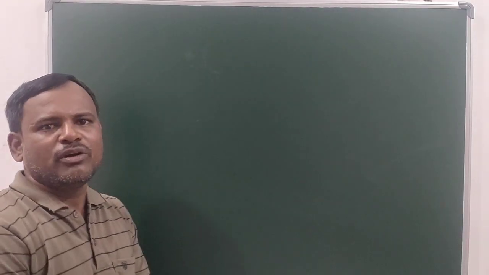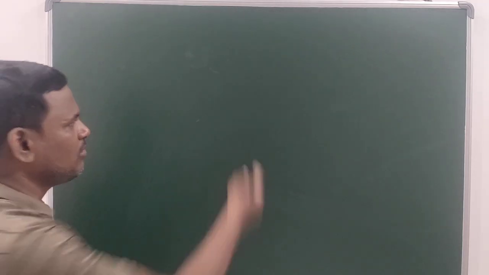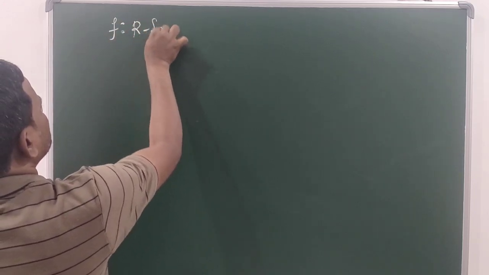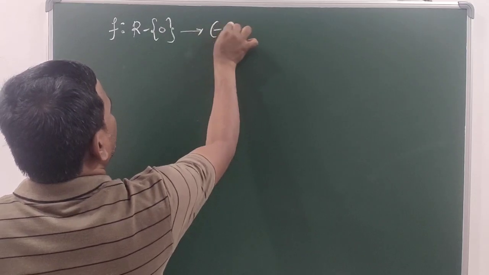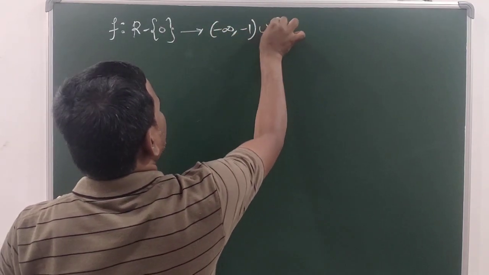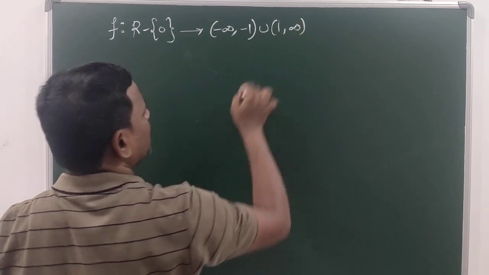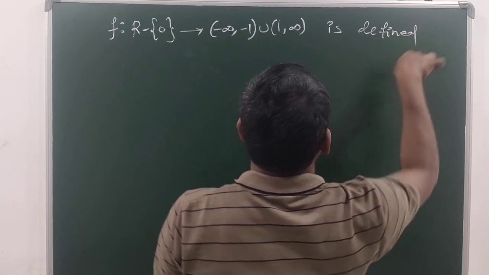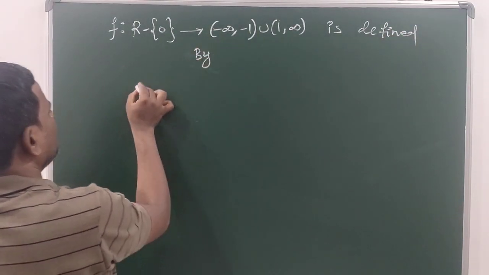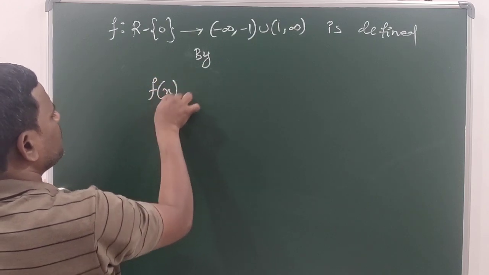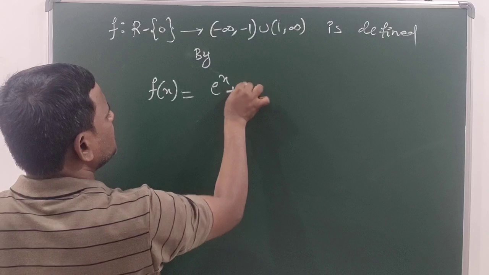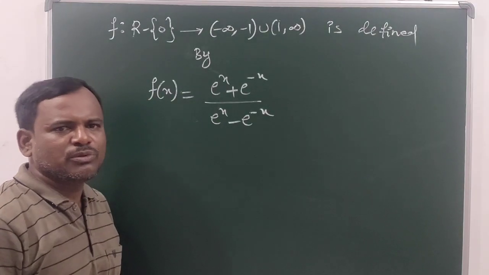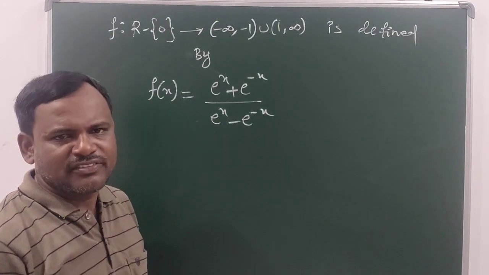So first I explain the hyperbolic cotangent function. Now let us see its definition. f is a mapping from R minus 0 to minus infinity to minus 1 union 1 to infinity, defined by f of x equal to e power x plus e power minus x by e power x minus e power minus x, is known as the hyperbolic cotangent function.